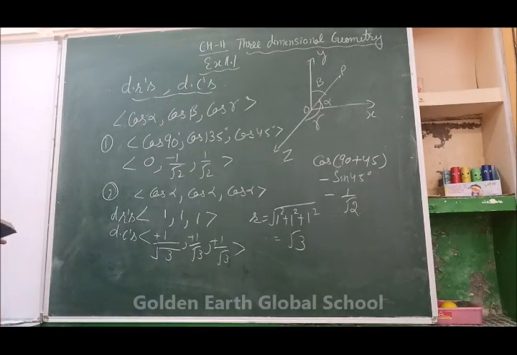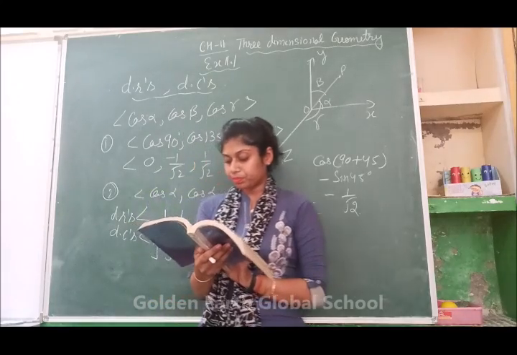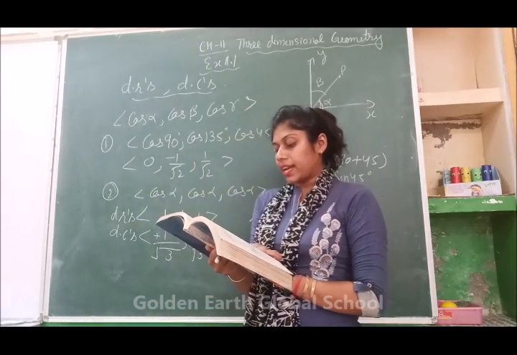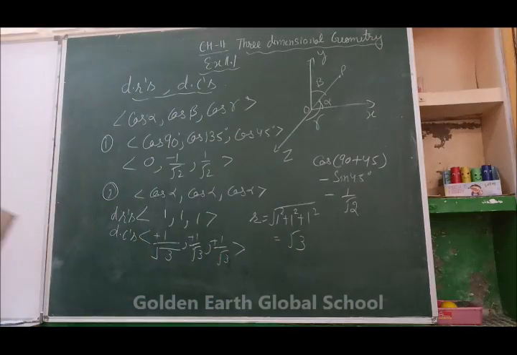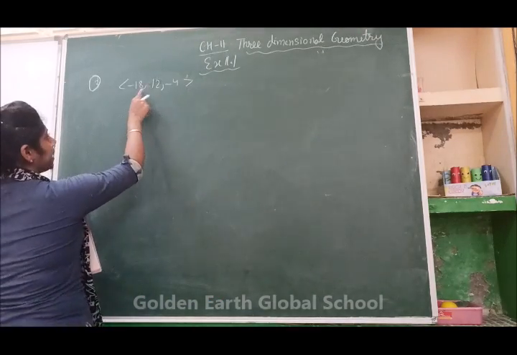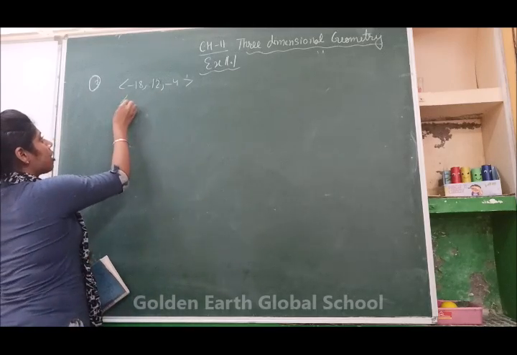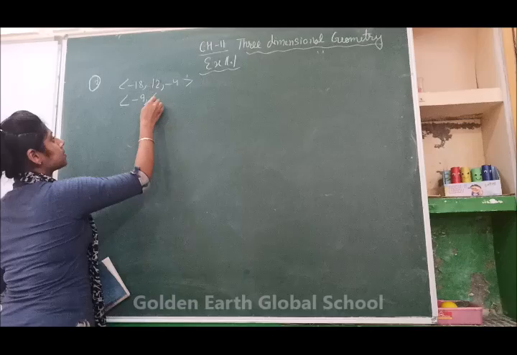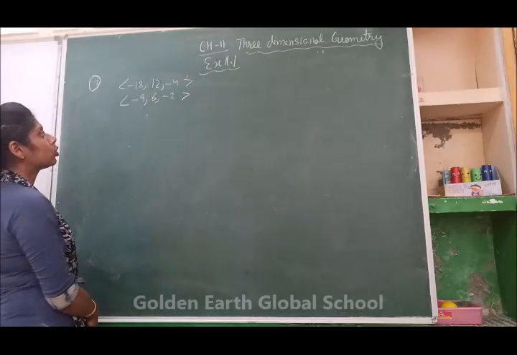So these are the direction cosines. Next, third question. In this question direction ratios are given. What are its direction cosines? Let's see how to find them. The direction ratios given are minus 18, 12, minus 4. Firstly change it into simplest form: minus 9, 6, minus 2, by dividing by the common factor 2.